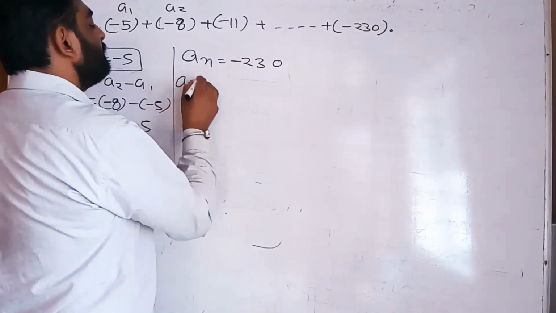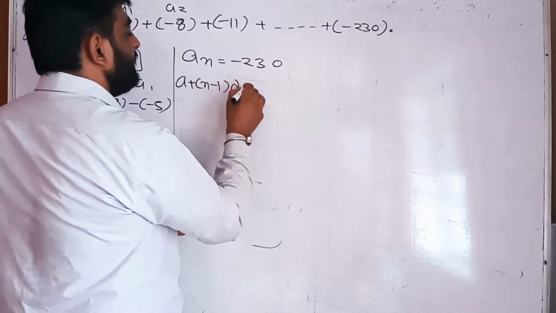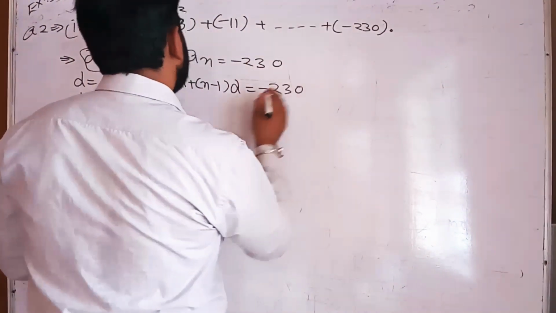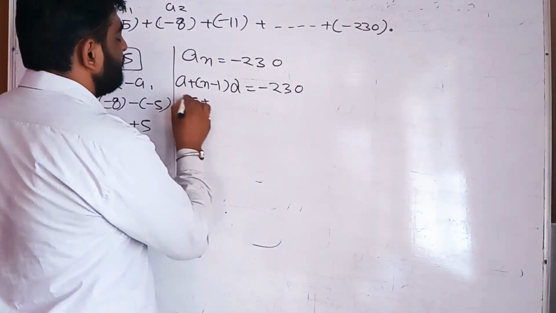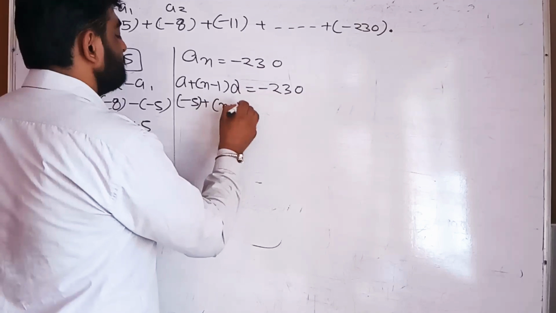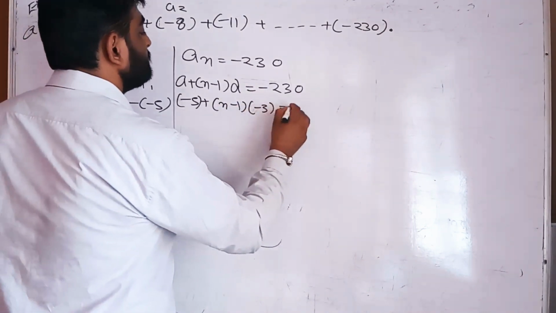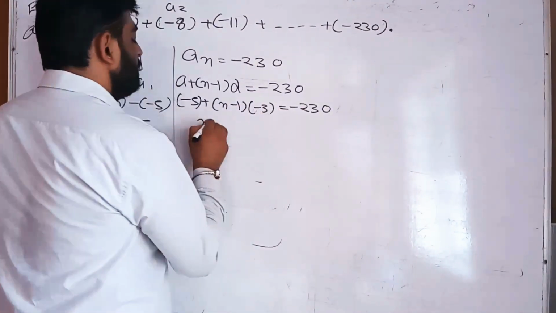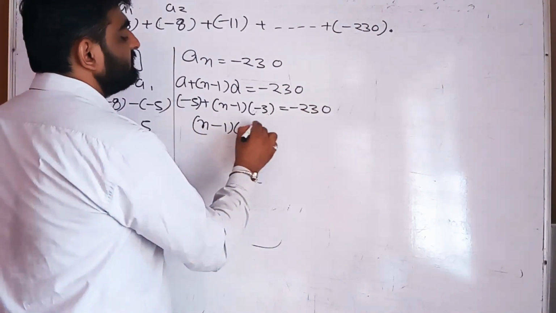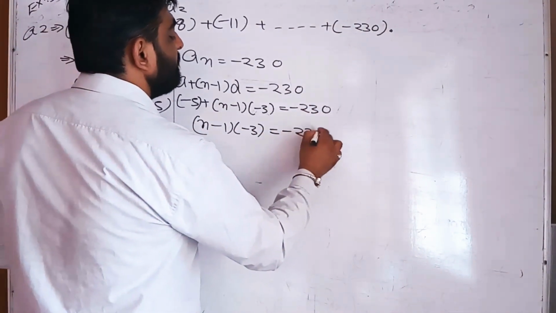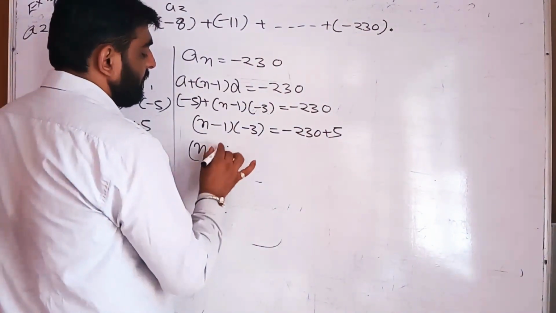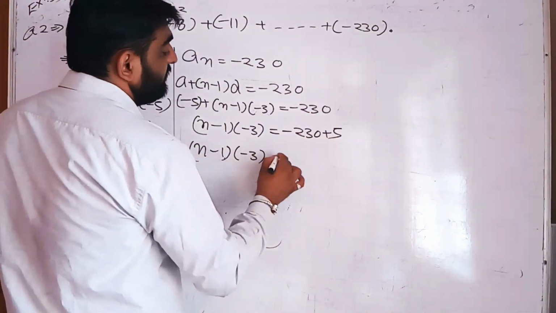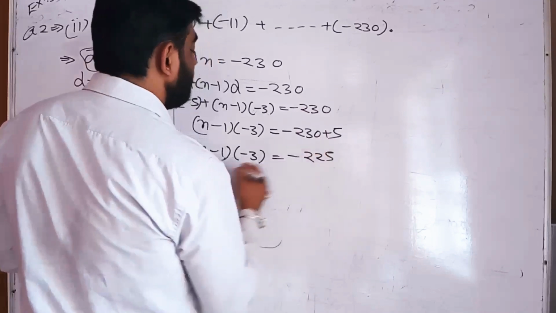First you have to find the value of N by using the value of AN. So AN equals -5 plus (N minus 1) into -3 equals -230. So (N minus 1) into -3 equals -230 plus 5, which is -225.